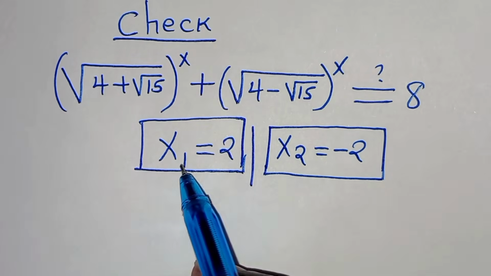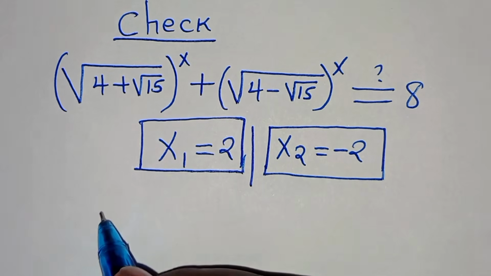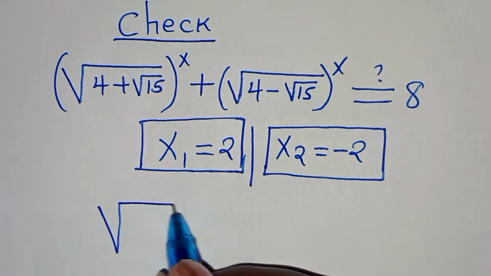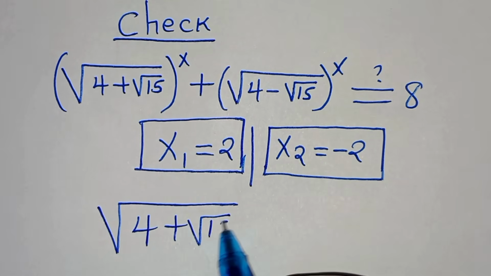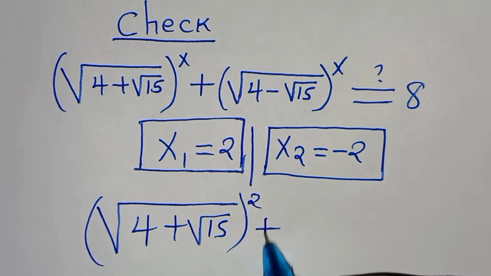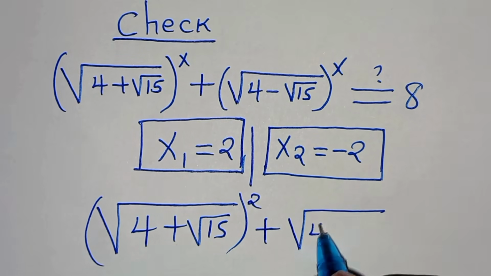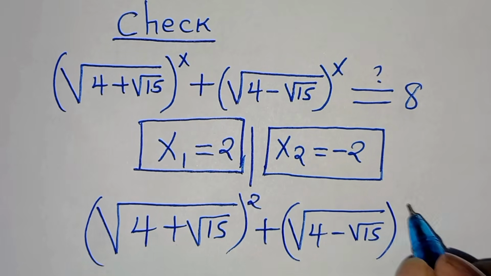Now let's substitute x1, which is equal to 2, back into the equation. So we have the square root of 4 plus square root of 15 raised to the power of 2, plus the square root of 4 subtract square root of 15 raised to the power of 2.